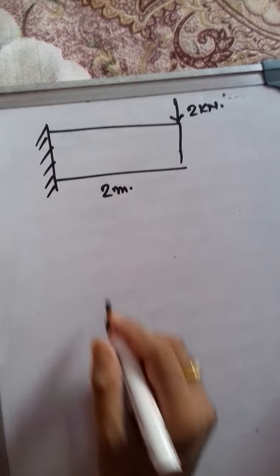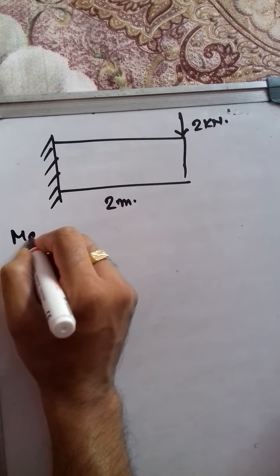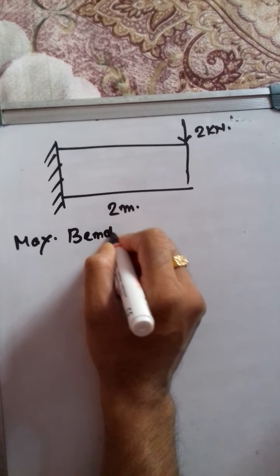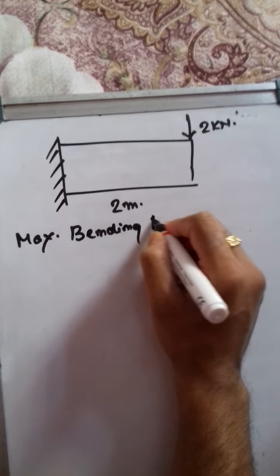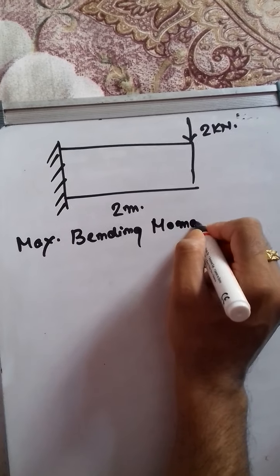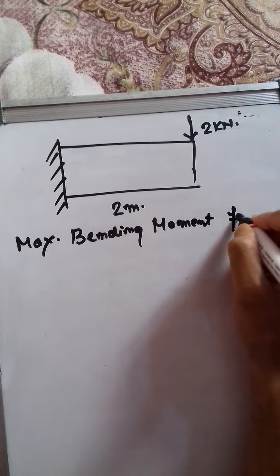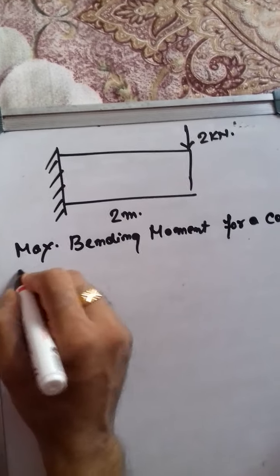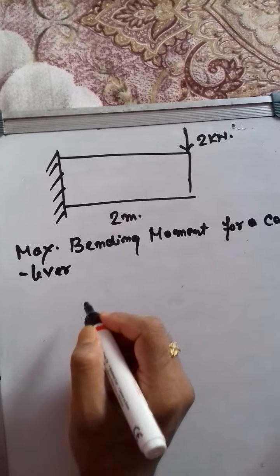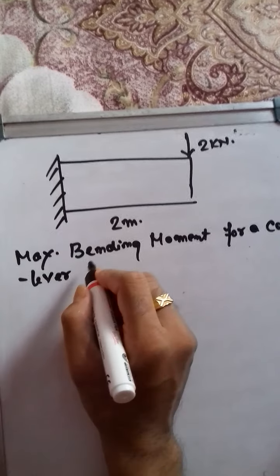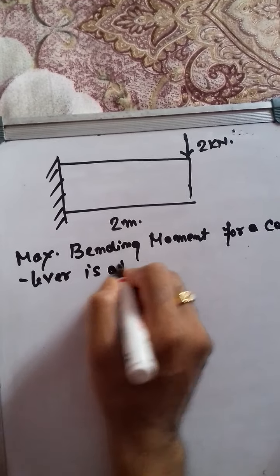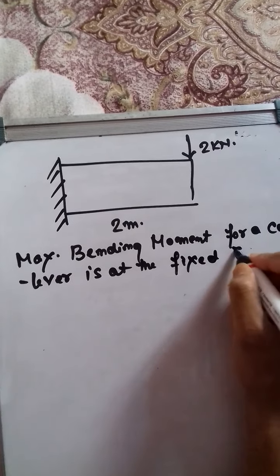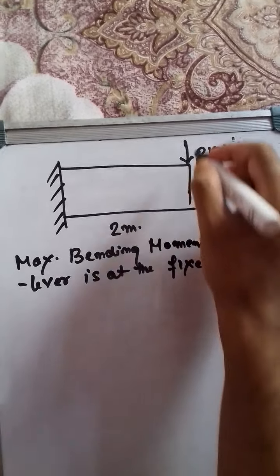Now maximum bending moment for a cantilever is at the fixed end, sorry, it will be always at the fixed end because the load is acting at the free end.